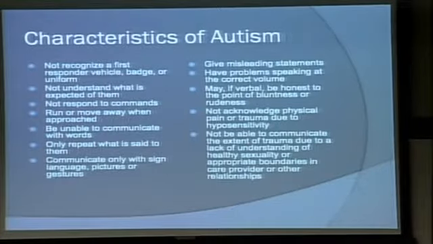If verbal, maybe honest to the point of bluntness. Not acknowledge physical pain, or maybe be hypersensitive. Not be able to communicate the extent of trauma due to lack of understanding or normal boundaries of relationships.